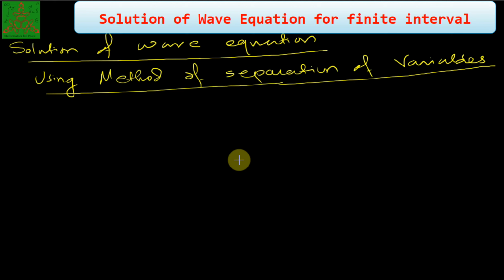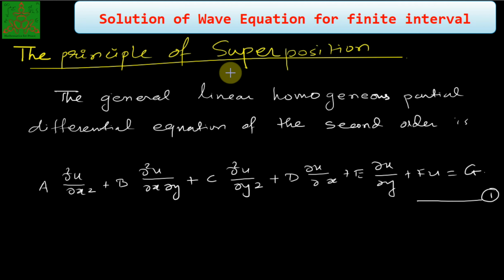In this video, we are also solving a wave equation, but using the method of separation of variables. For that, we should understand one of the important concepts, known as the principle of superposition.